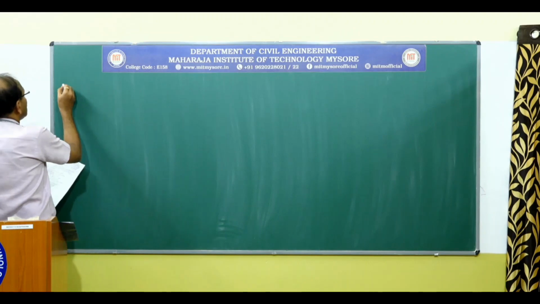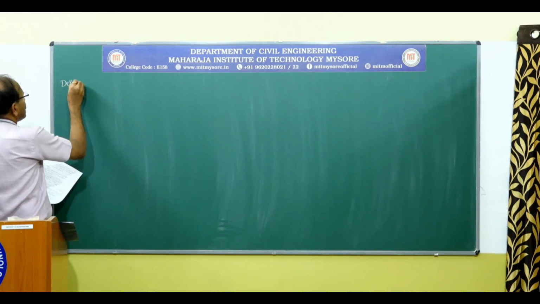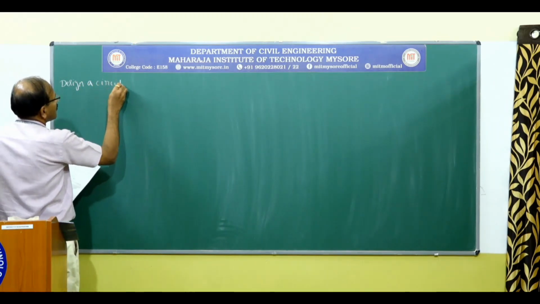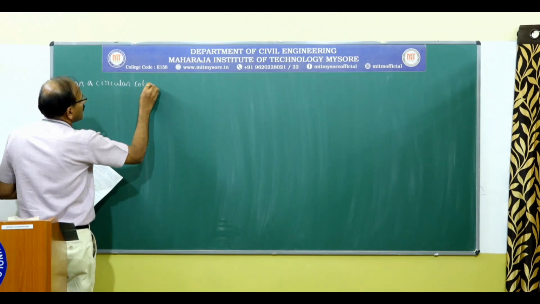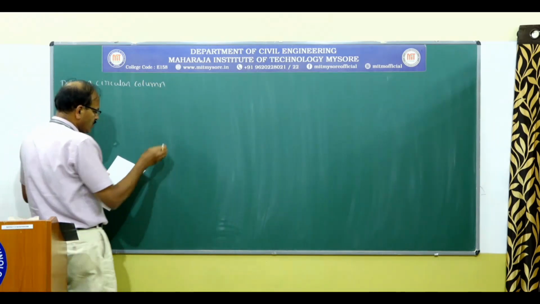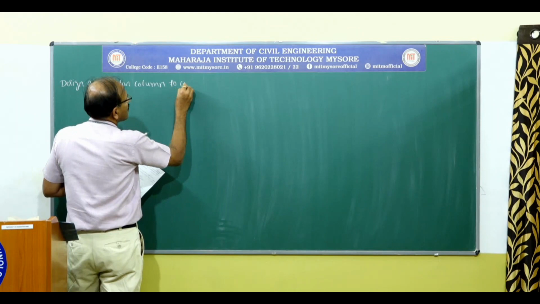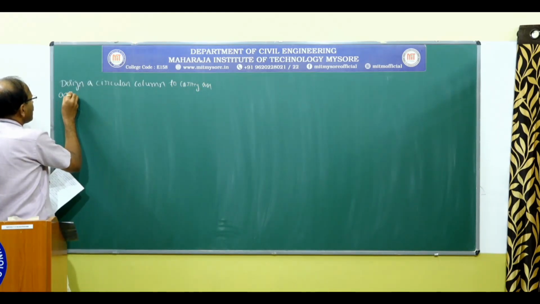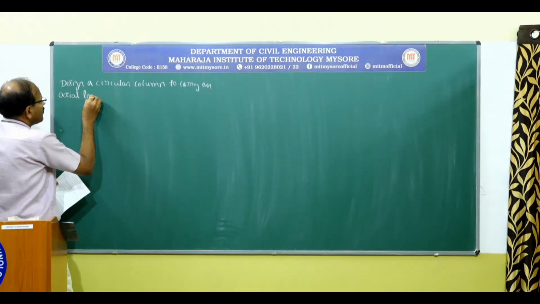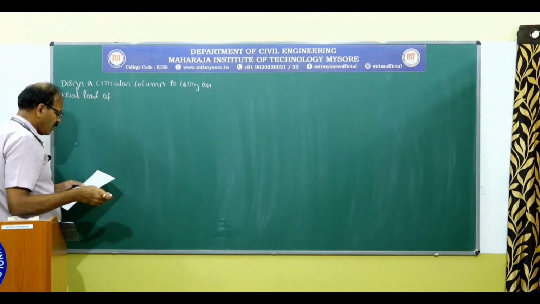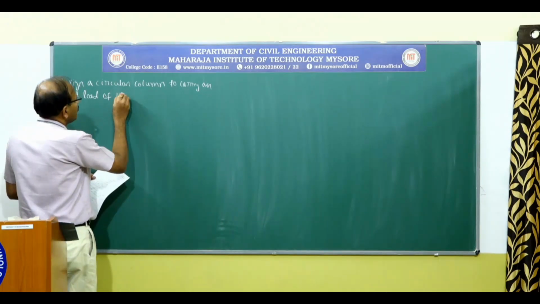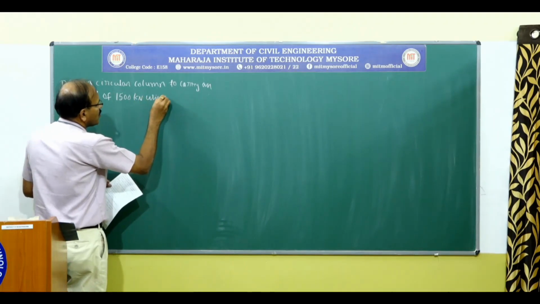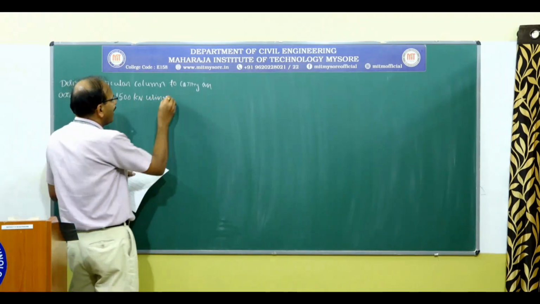The problem is: design a circular column to carry an axial load of 1500 kilonewton using lateral ties.